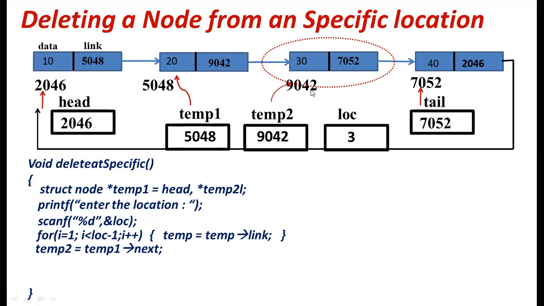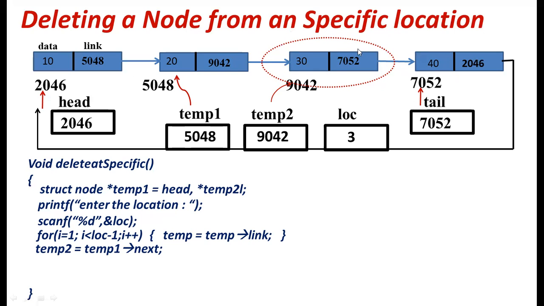Now we have to delete this particular node. So our connection needs to be from here to here. So we have to remove this connection and this connection. So how to remove this connection? Here we have to place the value of 7052. What is 7052? It is not a tail value, because maybe in this case it is the tail, but we know we may delete the last but one node. We can delete any node in the middle. So in our logic, don't write tail to link.